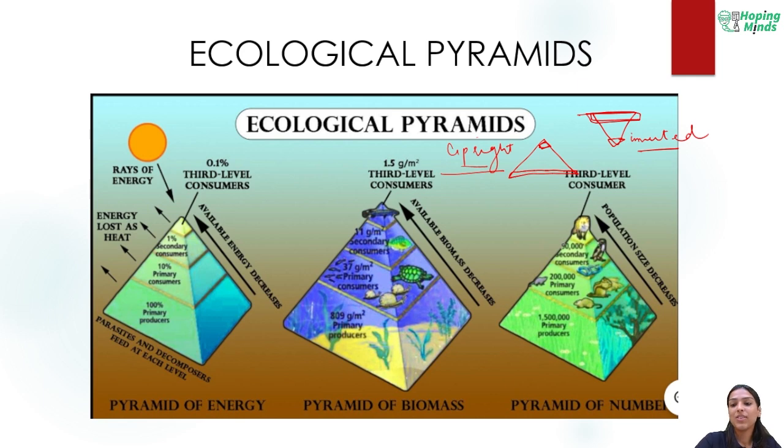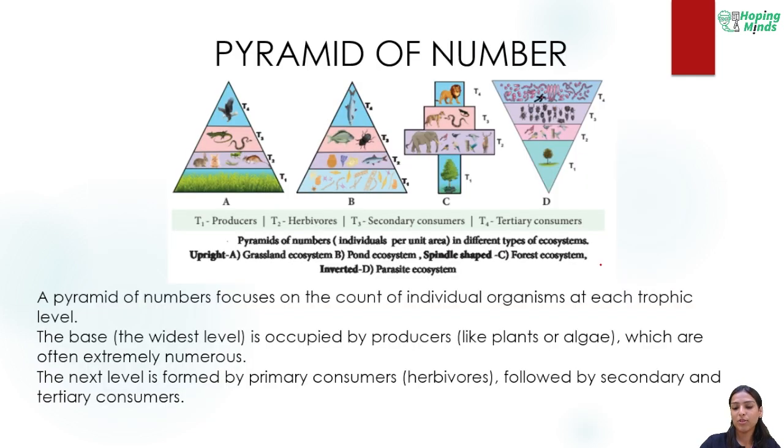Coming to the pyramid of number. It literally means the count of the organisms at a particular trophic level. You literally need to count. Let's take a very simple example before we delve into the nitty-gritties in an ecosystem.